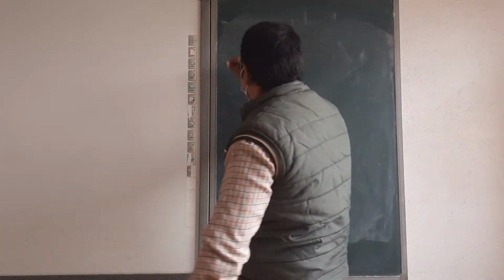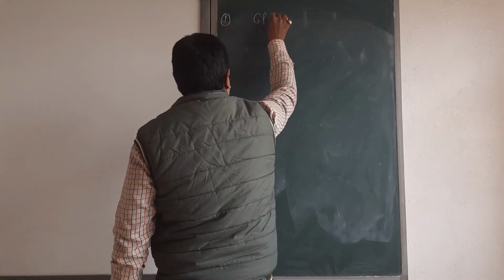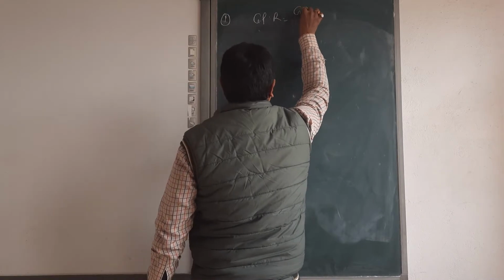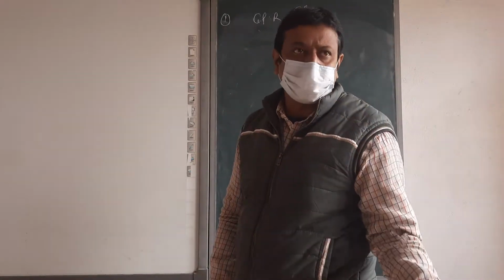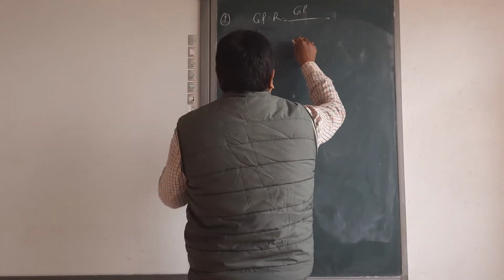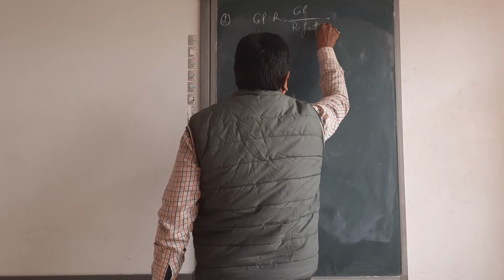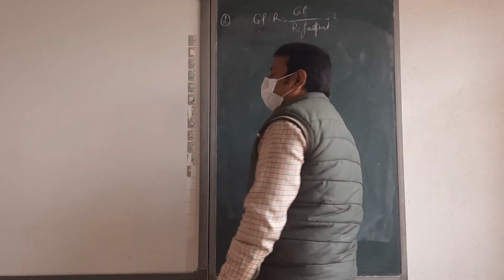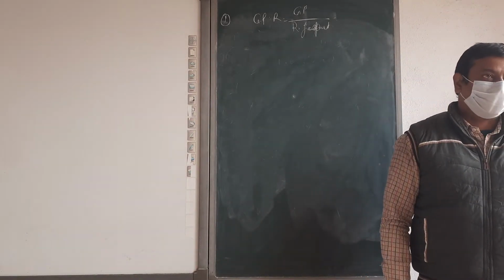Okay, now go for the first. First, beta, gross profit ratio is equal to GP upon revenue from operation, that is equal to sales. Put this value, easily you can calculate the gross profit.